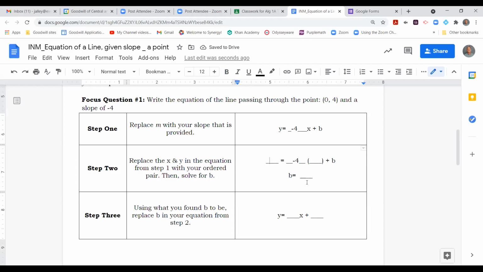This first blank here, that's where the y goes, right? This is y equals mx plus b. So what's the y value? It says replace the x and the y in the equation with your ordered pair.